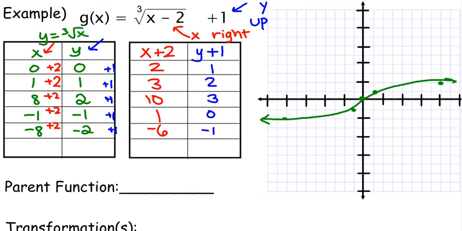All right, let's graph it out. I'm just going to change colors here. So this will be my actual function, my g of x. So over 2, up 1. Over 3, up 2. Over 10, up 3. Over 1, up 0. Negative 6, down 1.